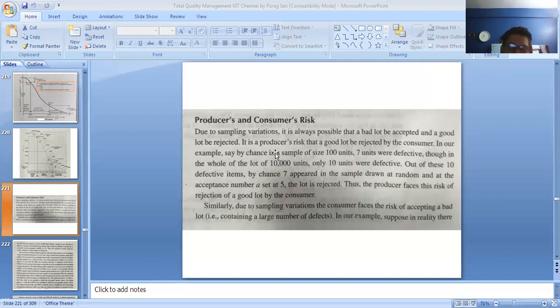And not only that, I will give the example for a single sampling plan, but how to do these things for a double sampling plan, you will also find in your book.